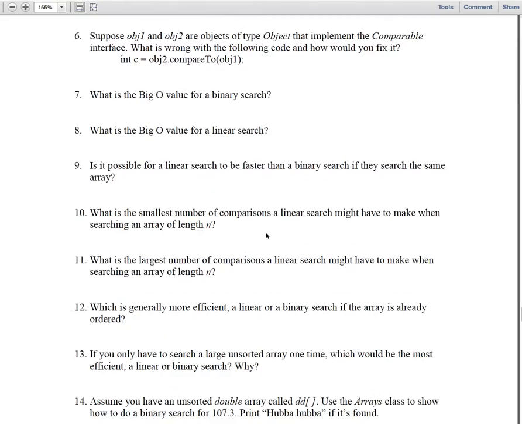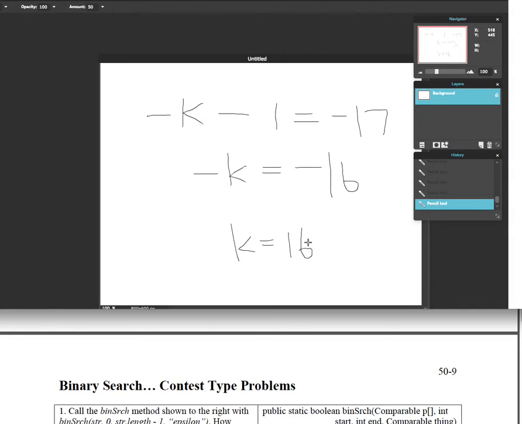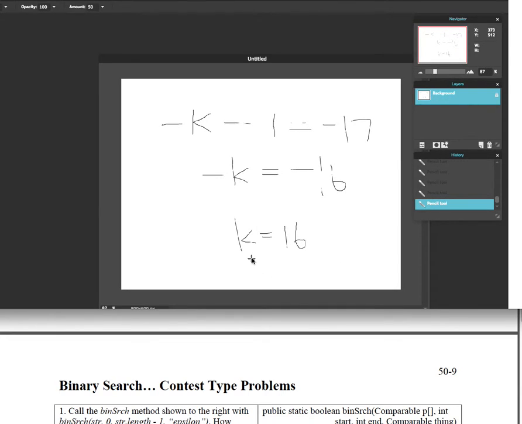So what is our question asking us here on number 15? Between which two indices in the array does 18 fall? So since it's at 16, I believe that's going to be, this is the index before, so it would be inserted at 17. So then the answer would be 16, 18.